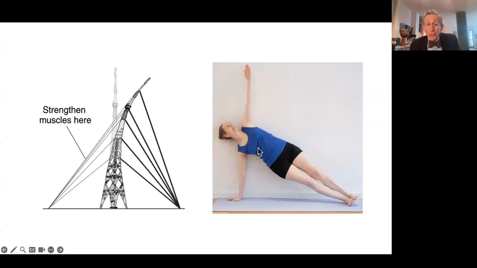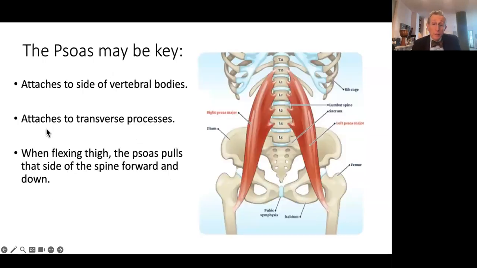So what we use is a single pose, the side plank, using the muscles of the weak side. This woman has her convex side down. So she's strengthening this side, strengthening the muscles over here, and allowing the tower to come up closer to vertical.